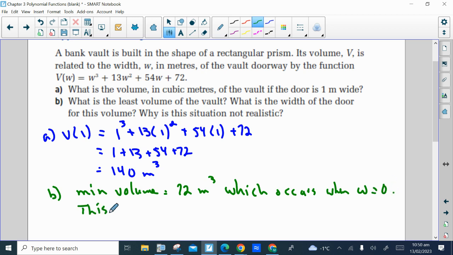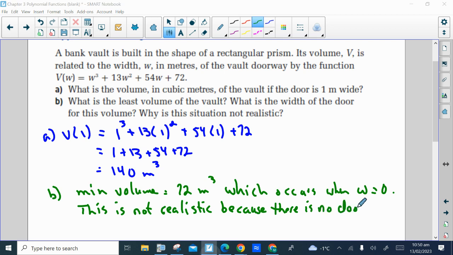And this is not realistic because there is no door. Okay? And the next question is really the same thing, so I'm not going to spend any time doing it.